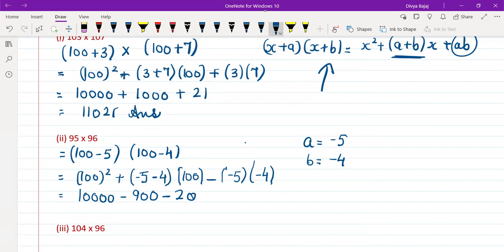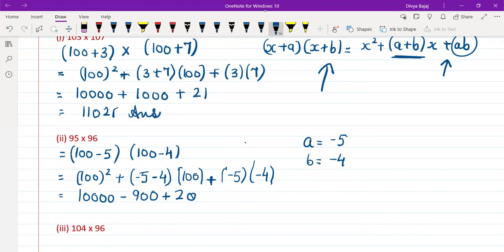Oh, children, I did one mistake here. It's not minus, actually it's plus here. By mistake, when I was rubbing it, I made it into minus. Actually, it's plus here. If you see, the identity says we have to write plus here. So this will also be, because minus 5 into minus 4, 5 4s are 20, minus minus plus, and outside also it's plus. So it will be plus of 20.